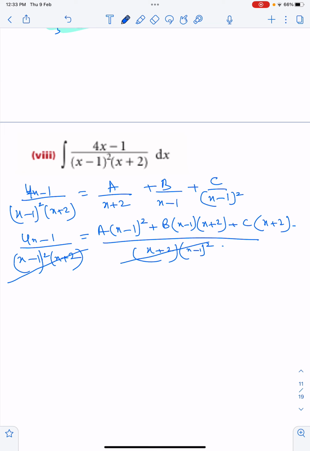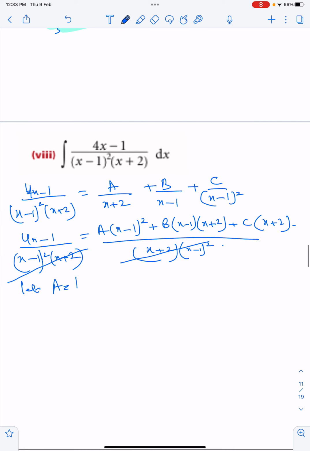And let's start with solving for a, b and c. I want to cancel out some of the brackets from here. Sorry, I'm not taking a as 1, I'm taking x as 1.